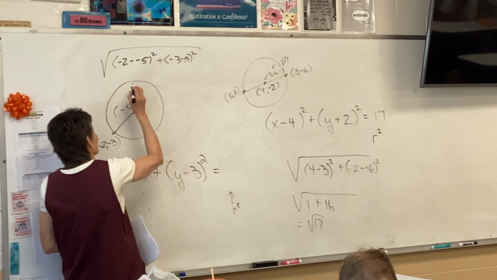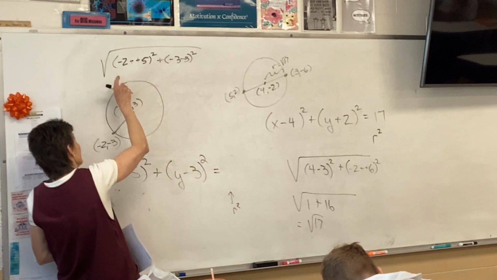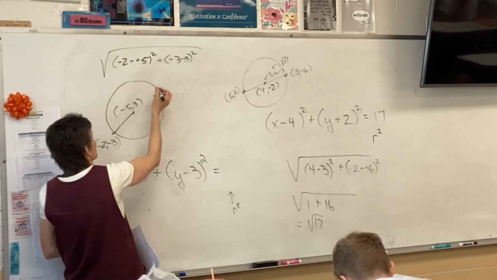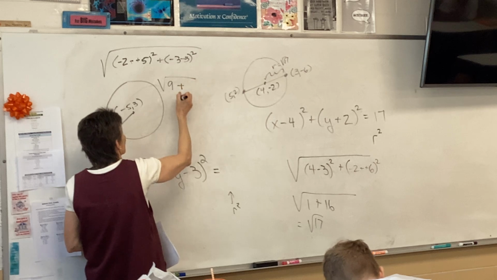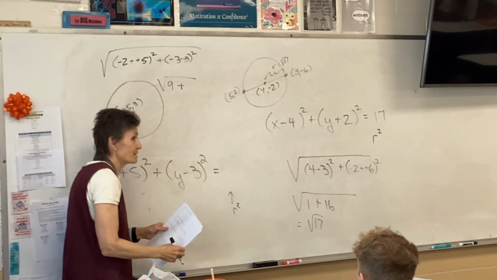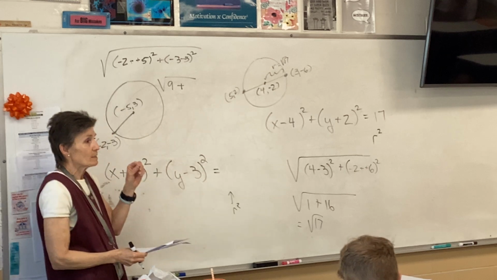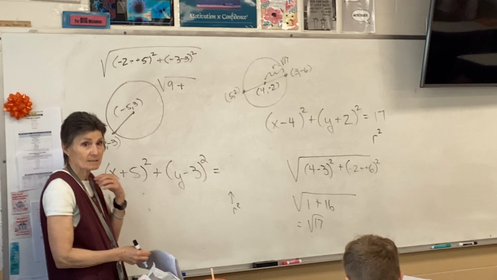Alright, so lots of negatives, be careful. Those two cancel, so negative 2 plus 5 is 3, squared is 9. What's negative 3 minus 3? Do not say 0. Negative 3 minus 3 is negative 6.